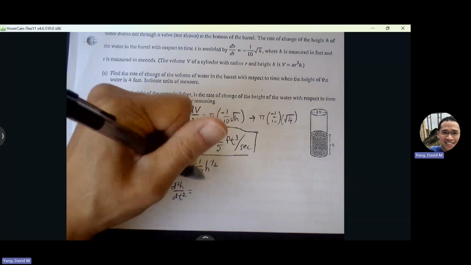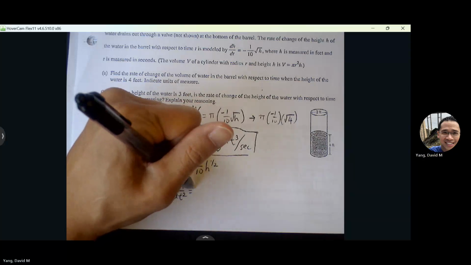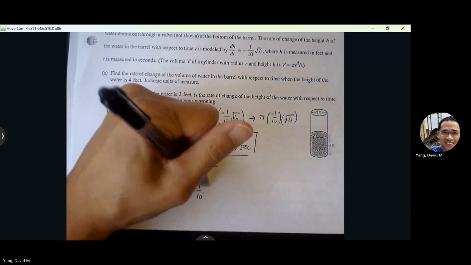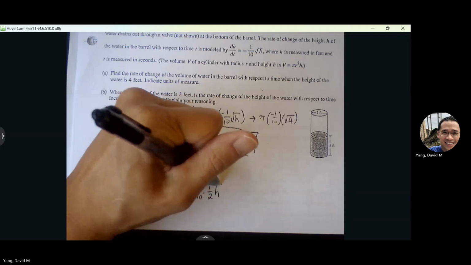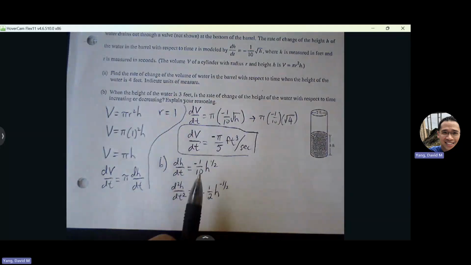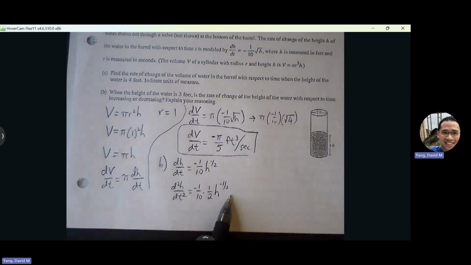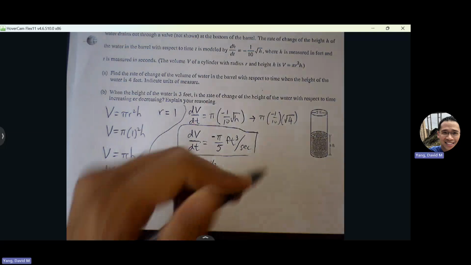And here, I just go through power rule. Now, I am asking for a derivative with respect to time, so I still need to multiply it by what? Yeah, dH/dt.